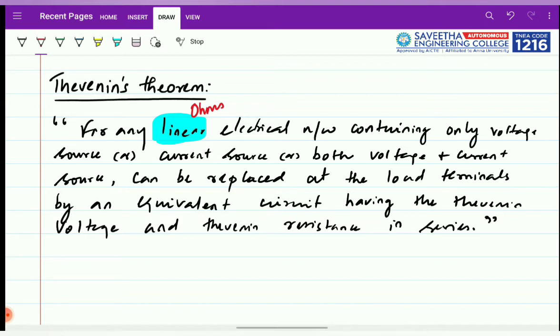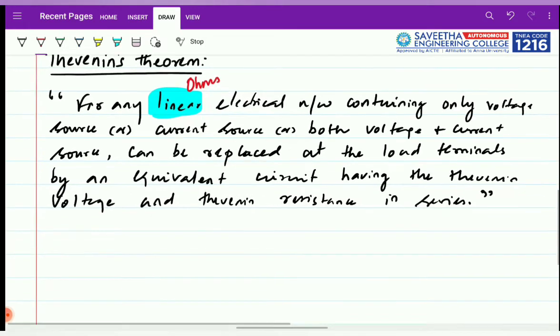So a linear electrical circuit which can contain voltage sources or current sources, or both, can be replaced by an equivalent voltage and an equivalent resistance at the load terminals.